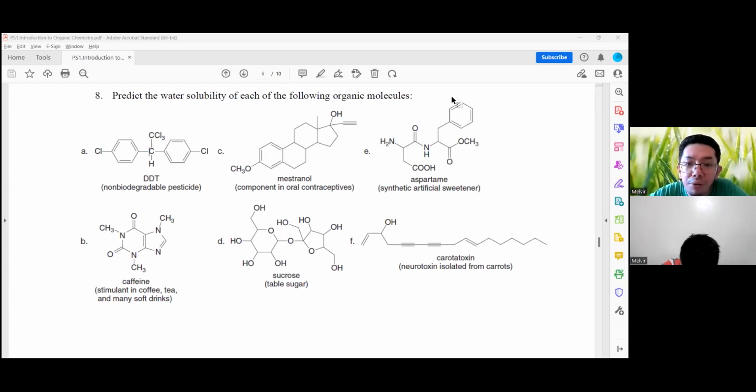So, you have A to F. Go ahead, Josh. I'll give you 1 minute for this. Kasi kayang-kaya mo na yan eh. Ikaw na mag-annotate sa screen, soluble, insoluble. If you want partially soluble, you may do so, but I'll ask you an explanation for that later.